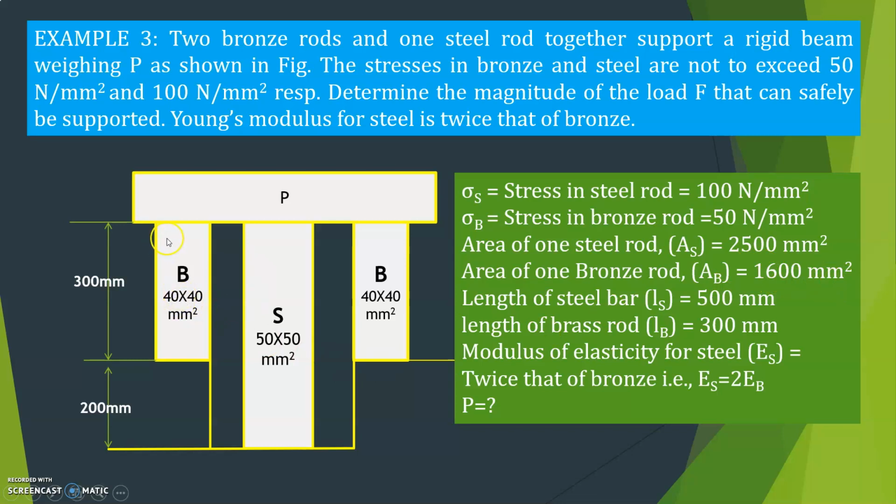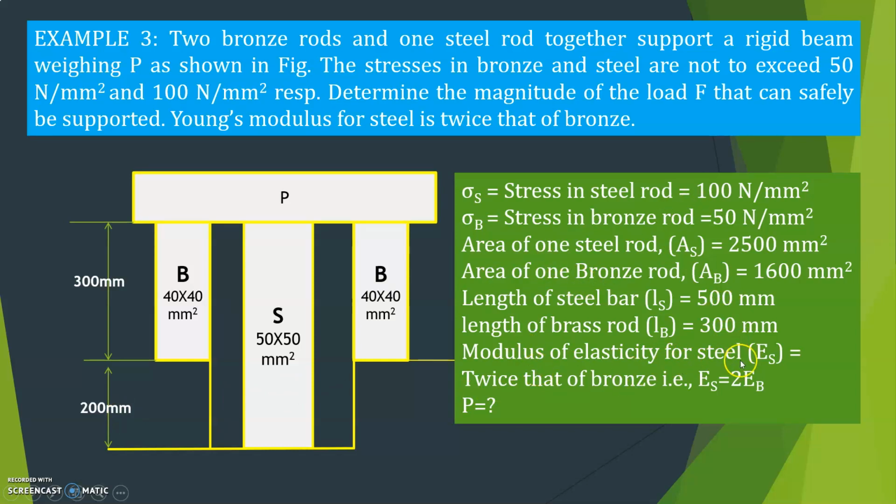Next, length of the bronze rod is equal to 300 mm. LB is equal to 300 mm. Then length of the steel rod, this full length, here to here, that is 300 plus 200, that is equal to 500 mm.